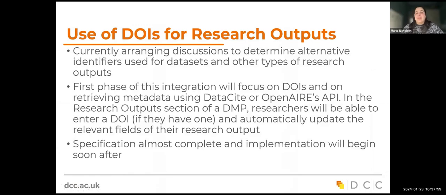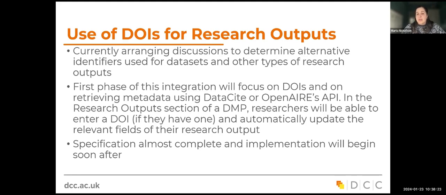So the DOIs and research outputs. This is a GLENAS project. So GLENAS is looking into finding ways to, based on a DOI, be able to integrate metadata. Initially it was just for data sets, but we're now looking into other types of research outputs.